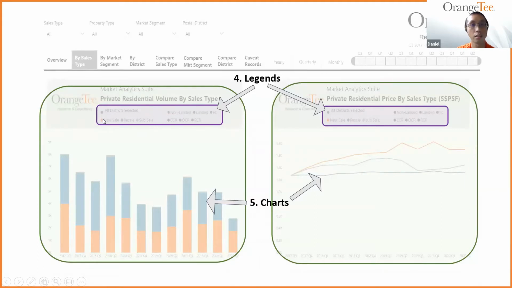If the user selects maybe district 1, then district 1 will appear over here. So the legends give a quick glance at what filters agents have selected. Following on, the charts will reflect the data type that they see. Okay, going next.